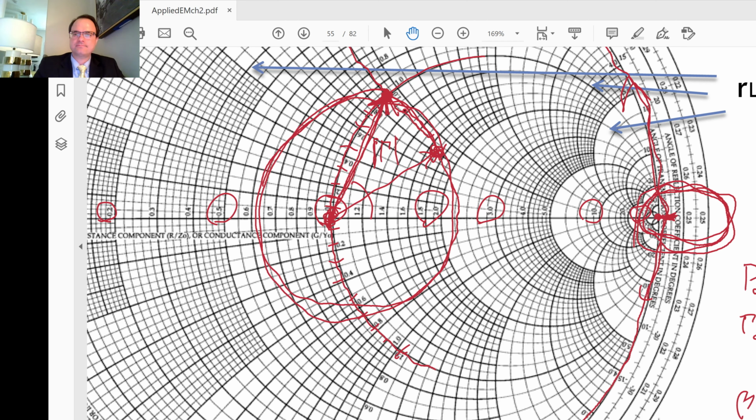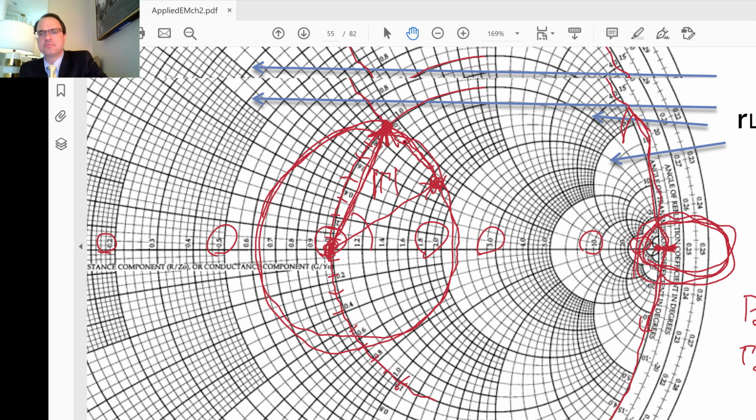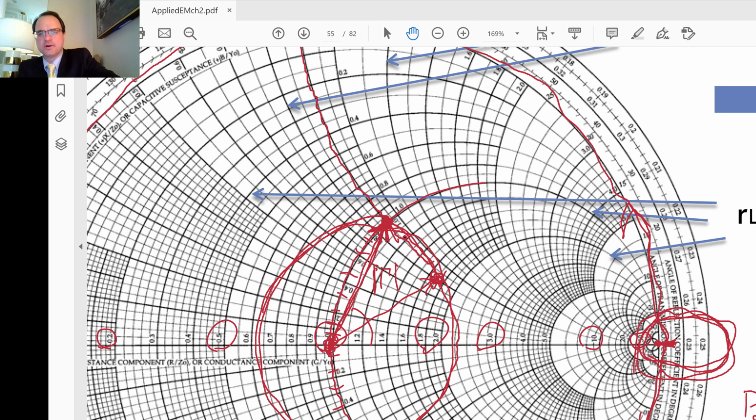This is what the outermost set of tick marks represents. It represents distance along the line normalized relative to lambda, so this is d over lambda.